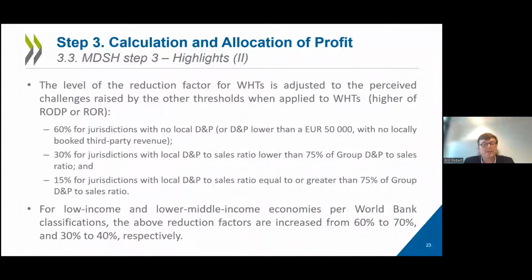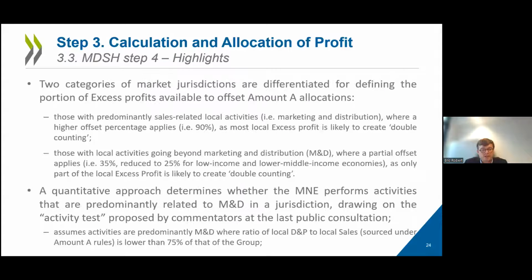Now, the last element that we wanted to cover with respect to the MDSH, if we move to the next slide, is related to the last step, and the different offset percentages that can apply. Here, as mentioned earlier, we have an activity test that is used to set the portion of the excess profits that will be offset.